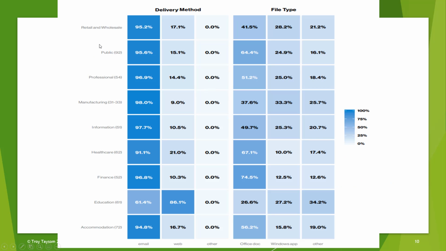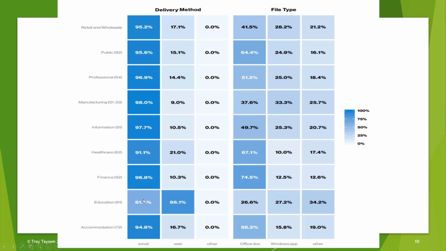So, real quick, the delivery method, and these are for different, whoops, these are different industries, okay? And then if you look over here, down here it says email and then web, all right? So in retail and wholesale, you have 95%, actually all the way down.